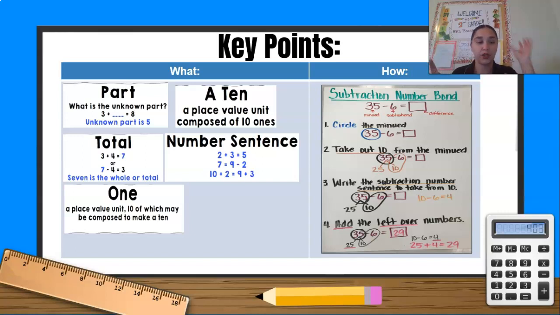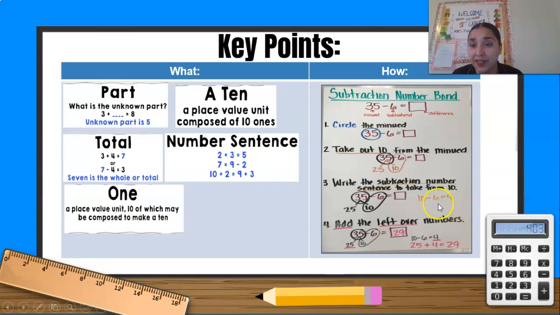So I write 35 in one part, 10 on the other part. Because 25 plus 10 makes 35. And after I take out the 10, I write the subtraction number sentence to take from 10. So I subtract 10 minus 6 equals 4.